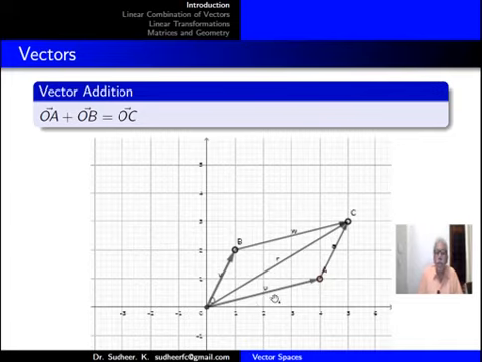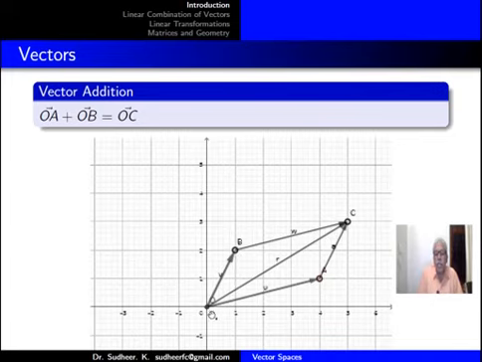Suppose you have two vectors u and v. The vector u is represented by the line segment OA and vector v is represented by the line segment OB.